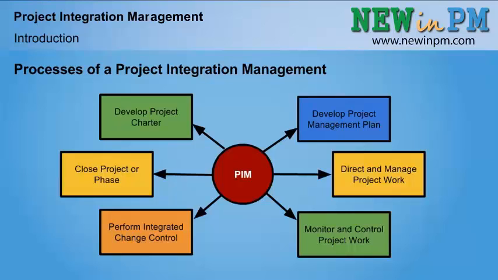The third one, direct and manage project work. Fourth one, monitor and control project work. Fifth one, perform integrated change control. And the last one, as we all know, close project or phase. We will be discussing each of these processes in our forthcoming chapters.